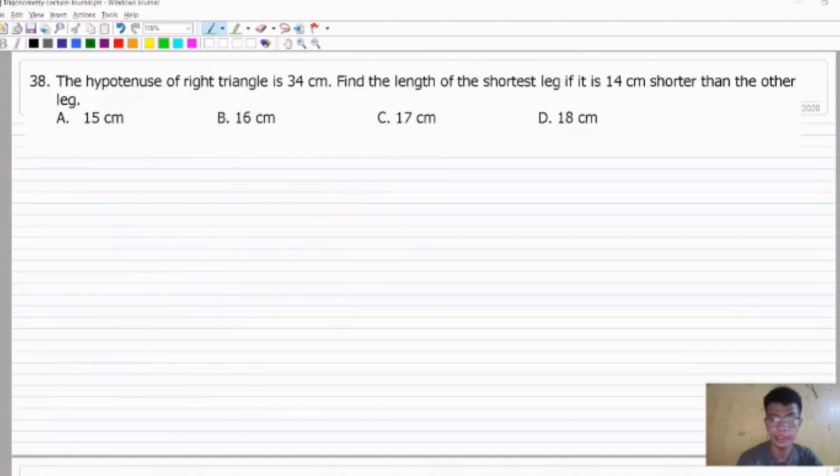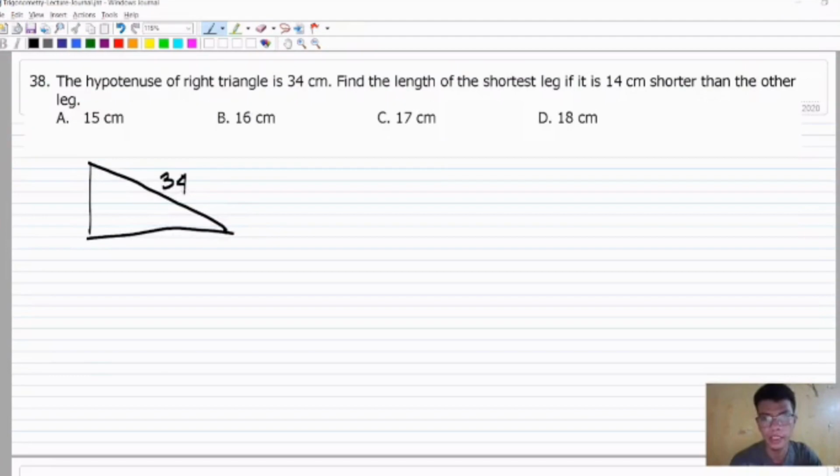Number 38. The hypotenuse of a right triangle is 34 centimeters. This is 34. Find the length of the shortest leg if it is 14 centimeters shorter than the other leg. Ang isa ding magandang technique sa algebra, lalo na kapag tumataas na yung math natin, kung ano ang unknown ang unang-unang lalagyan ng variable.